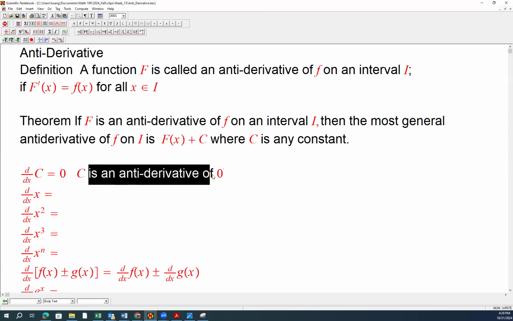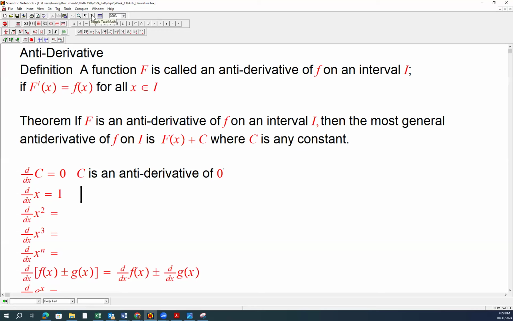Now let's repeat this exercise. The derivative of x equals 1. Then we can say x is an antiderivative of 1. All right? And keep going.